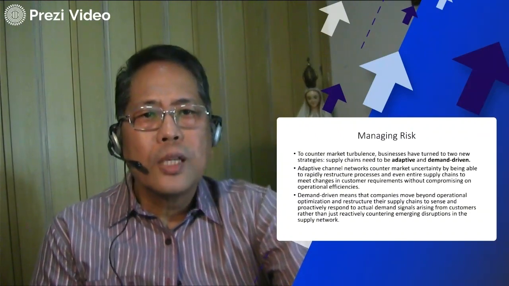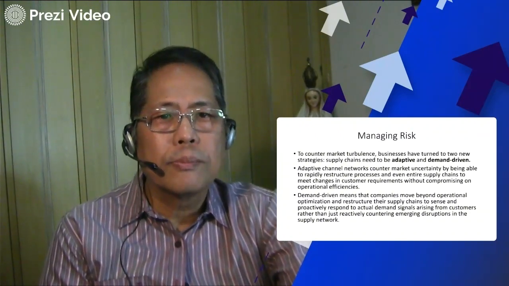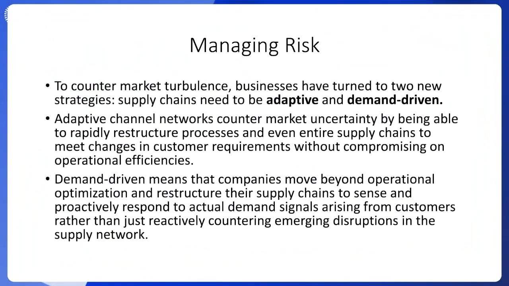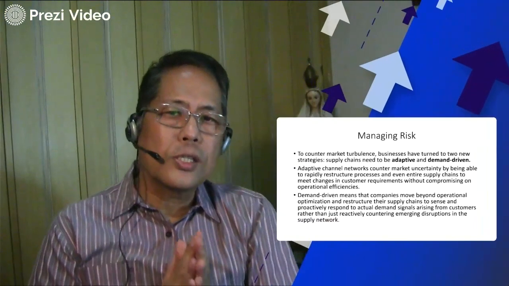Adaptive channel networks counter market uncertainties by being able to rapidly restructure processes and even entire supply chains to meet changes in the customer requirement without compromising on operational efficiencies.